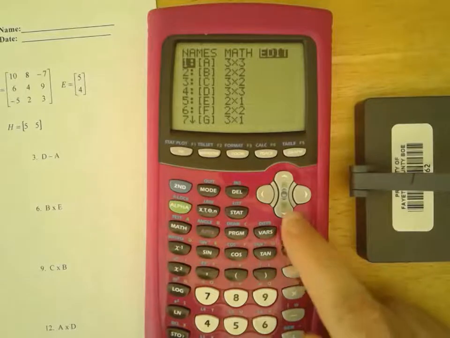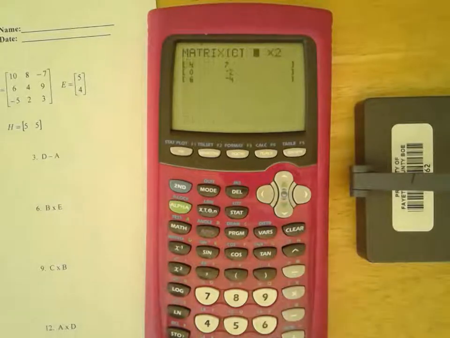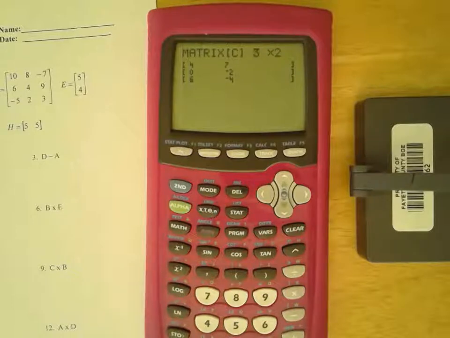And then you enter 3 by 2 because matrix C is a 3 by 2. So every time you start by entering the dimensions and then you enter each entry, one row at a time.